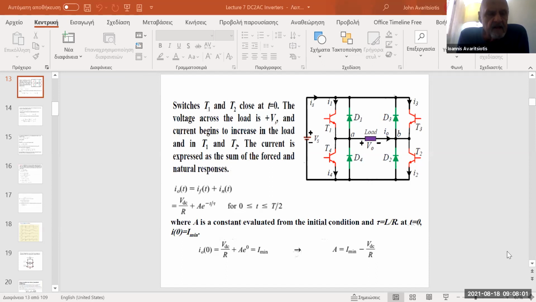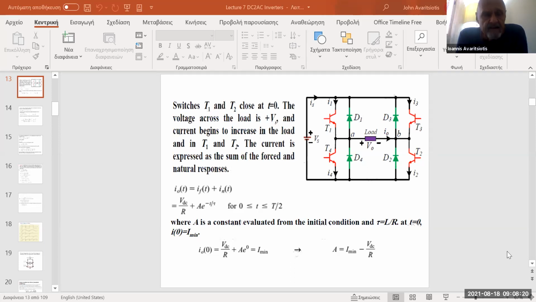And also it's proportional to a constant capital A shown on this formula. The value of this constant capital A can be calculated from the initial condition.